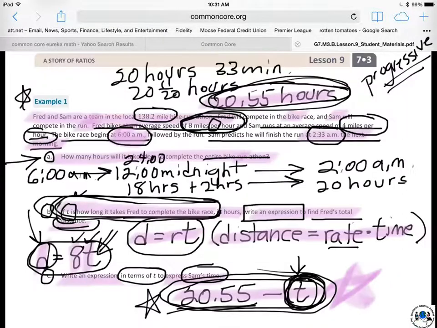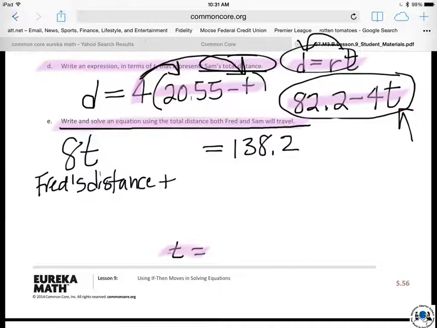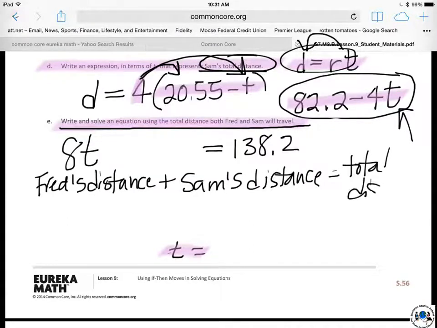What's going to equal 138.2? Well, we created an expression here for Fred's distance, and that was 8t. So here's Fred. Fred's distance plus Sam's distance equals total distance, which just makes sense.